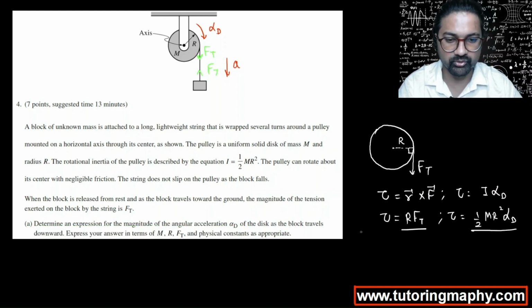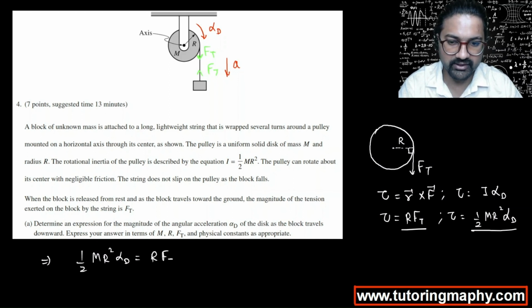All we have to do is equate both of them. So that's going to look like half m r squared alpha d is equal to R times F of t.